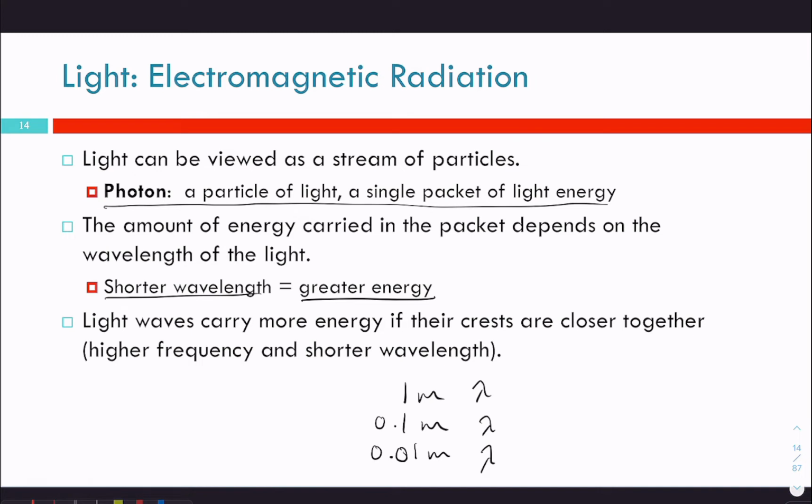Like with visible light, or a laser pointer, we'll get into wavelengths and frequencies of light related to energy later, but red laser pointers have the lowest energy because they have the longest wavelength, and therefore the lowest frequency.